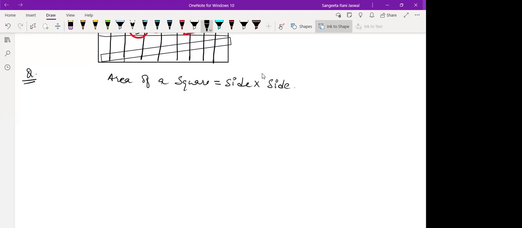The same is the case for a rectangle, but in a rectangle the length and breadth are of different lengths.